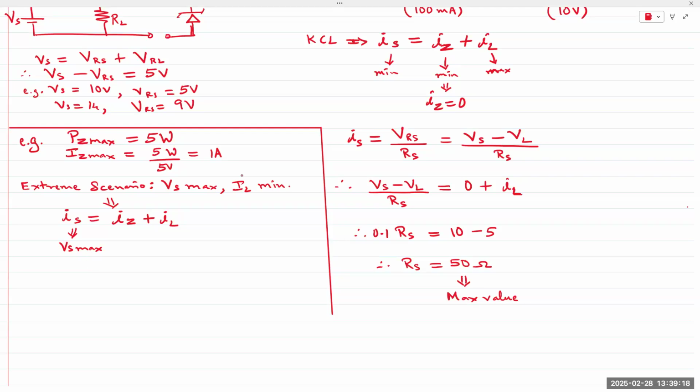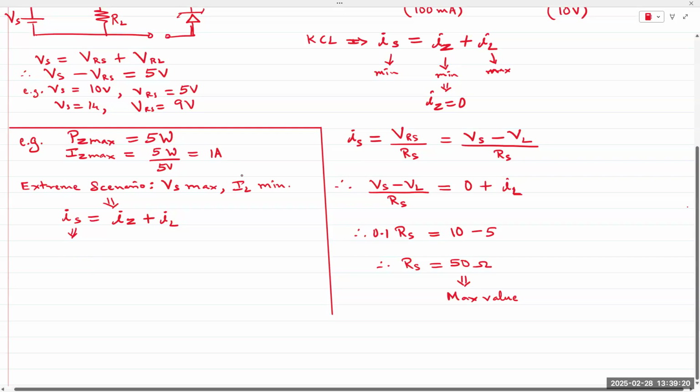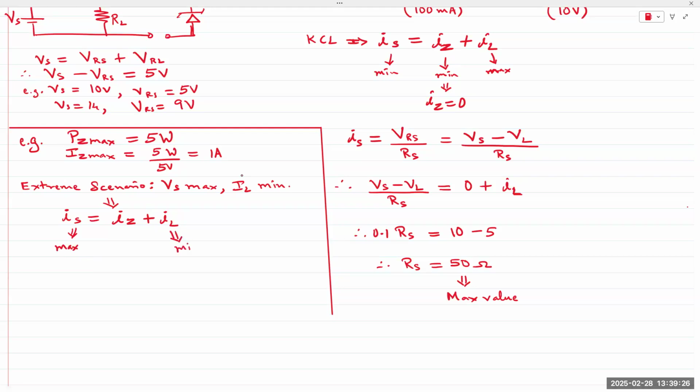Okay. So actually, let me get rid of that. When IS, supply current, is at its max and IL is at its minimum, that is the maximum value of IZ. Again, the function of the Zener diode is to allow as much current as it can handle through so that the output current remains constant.